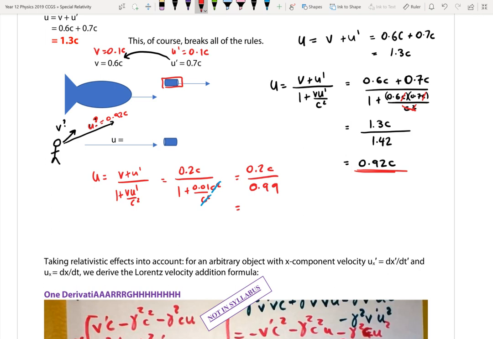Wait a minute. Oh, sorry, my bad. I can't talk and do maths at the same time. 0.2 divided by 1.01, 0.198, sorry. Okay?